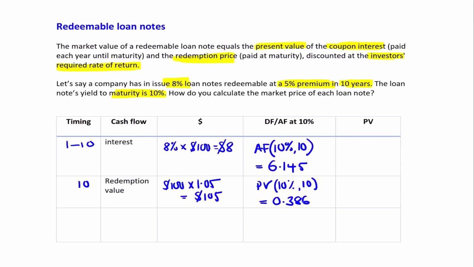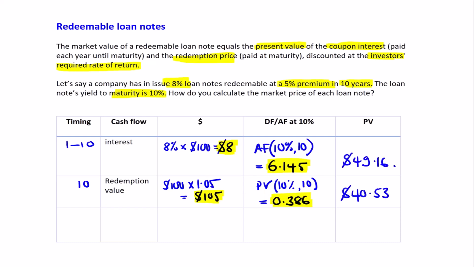We now simply times the cash flow by the discount factors. So we'd be timesing the 8 by the 6.145, and then the 105 by the 0.386.